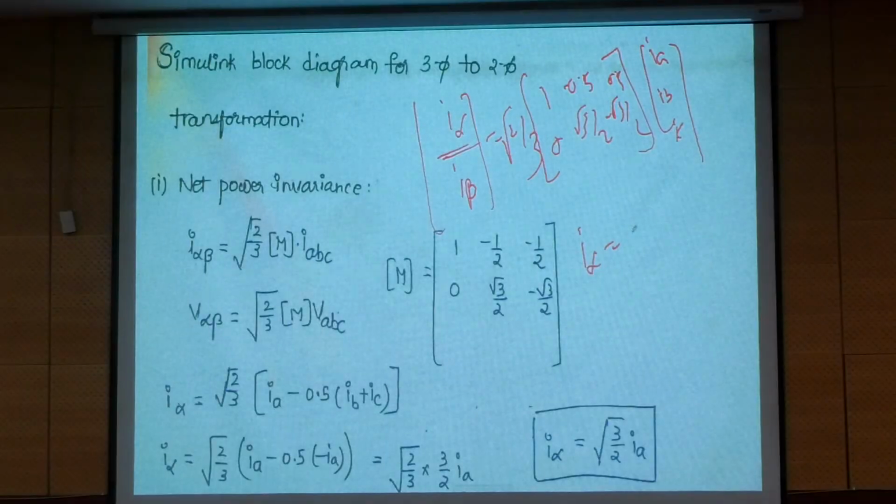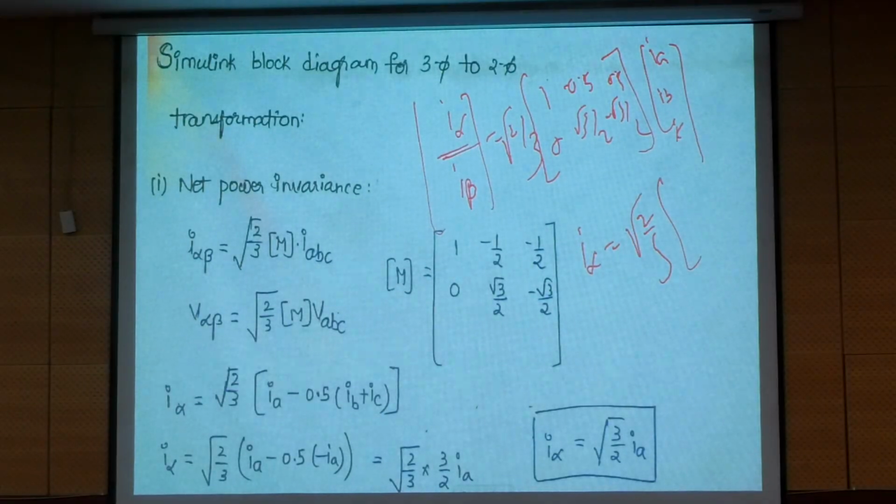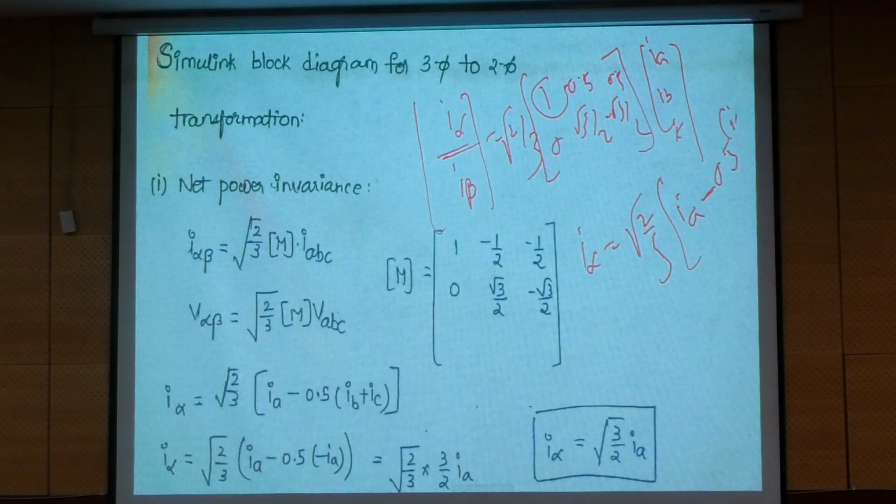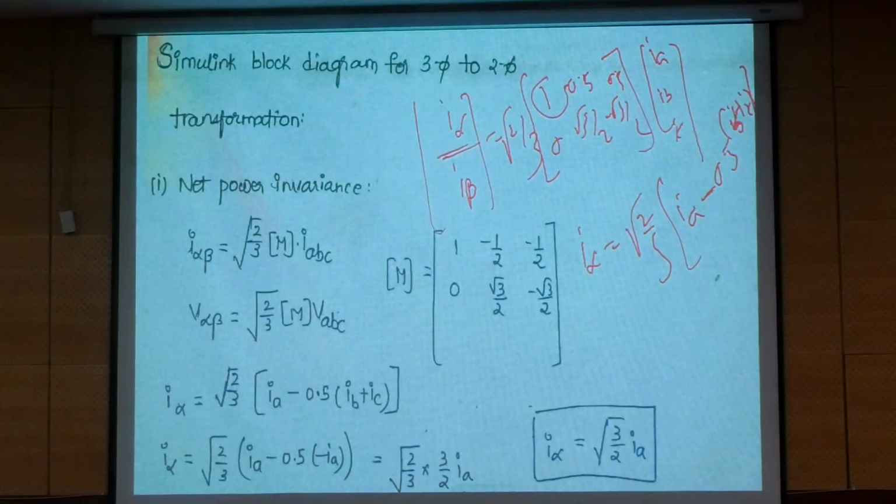I alpha equals square root of 2 by 3 into 1 into IA, minus 0.5 into IB, plus minus 0.5 into IC, so minus 0.5 into IB plus IC. Clear? So, what is IB plus IC? IB plus IC is nothing but minus IA. Clear? You got my point?